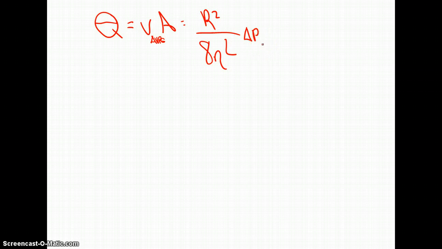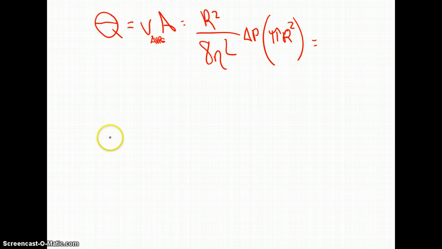I now need to multiply that by the area, and the area of a circle is pi r squared. When I do that, the formula that you see in your book is the simplified version of that. So we're going to go ahead and combine these two radii because we don't need two separate terms for it. It's the same thing.